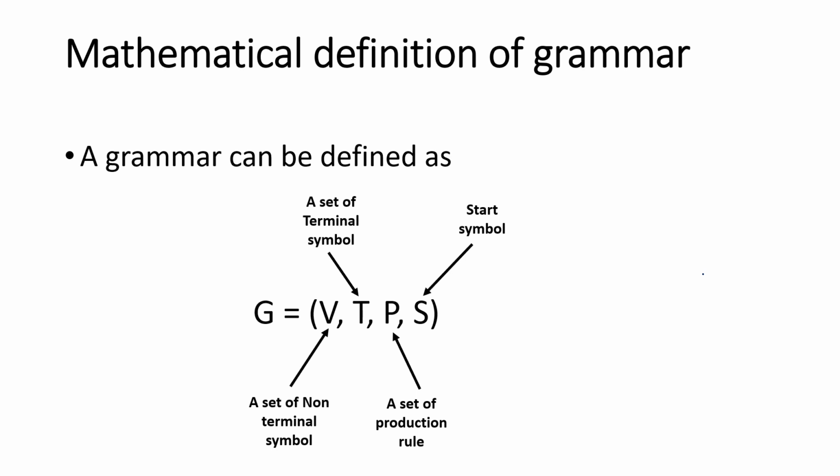And since we are dealing with computer languages, which follow some mathematical formulation, it is necessary to realize what the mathematical definition of a grammar should be. And that's why we can say that a grammar can be defined using these four tuples.